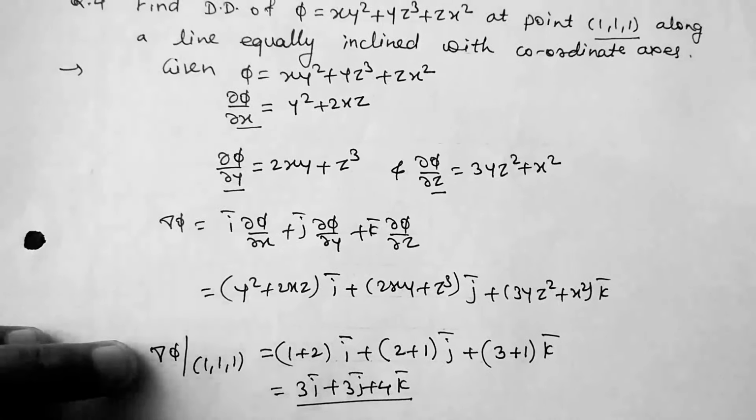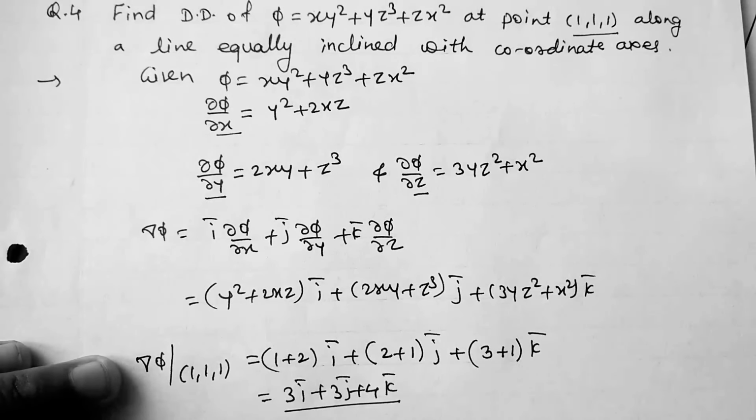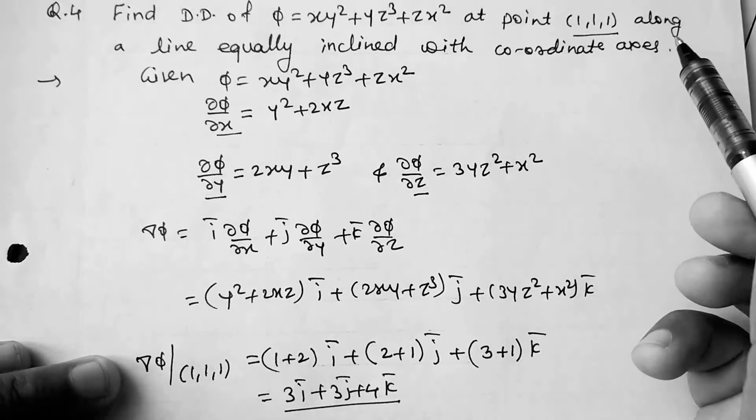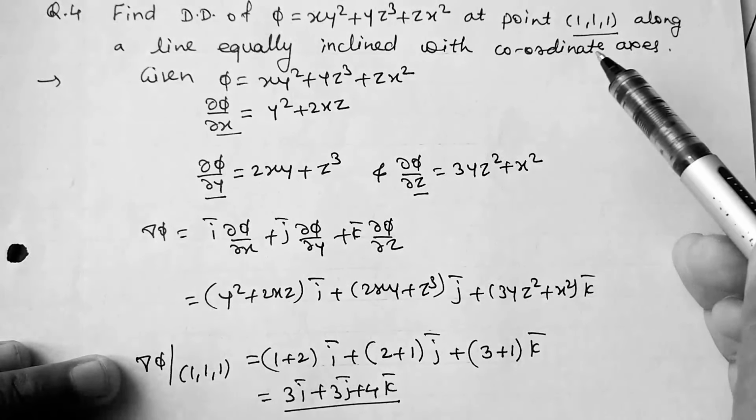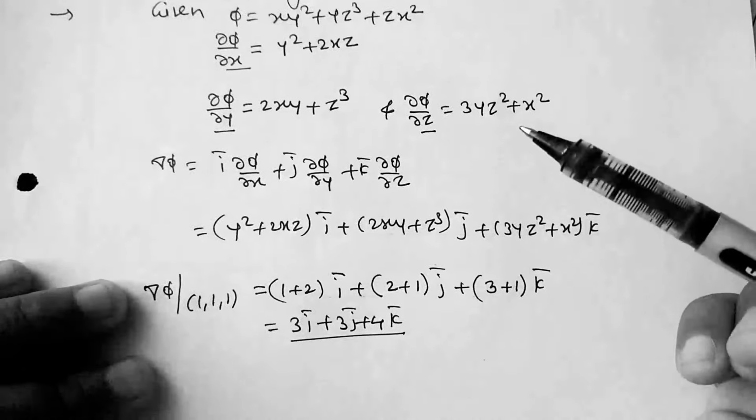Now the main part is to find the direction. So you have to find the directional derivative along a line equally inclined with coordinate axis.